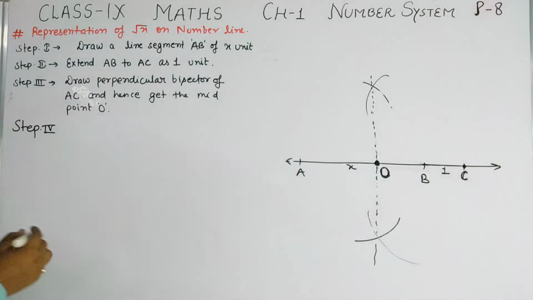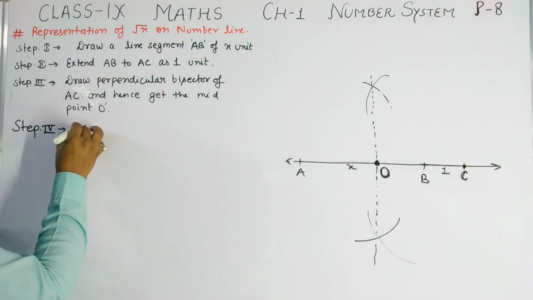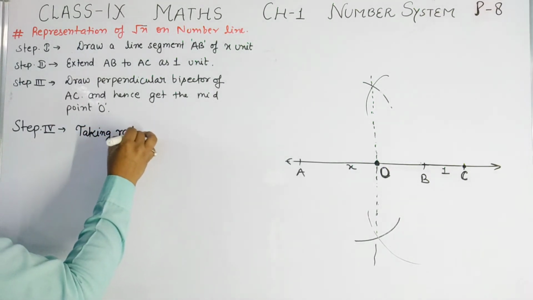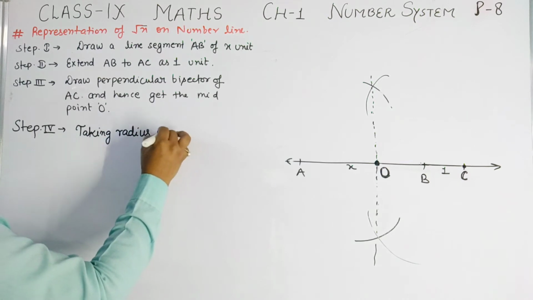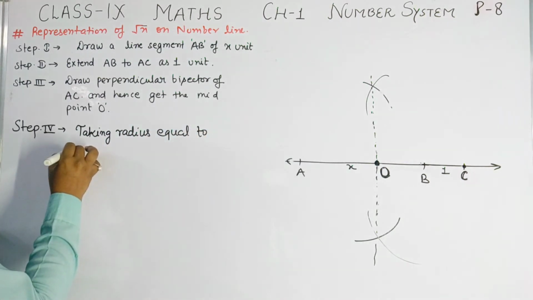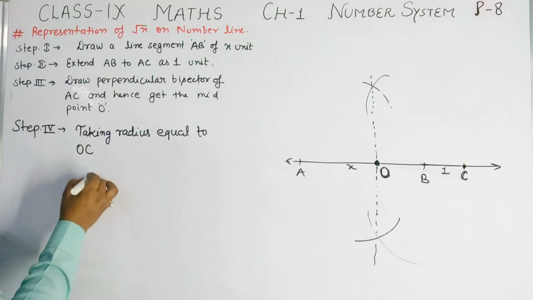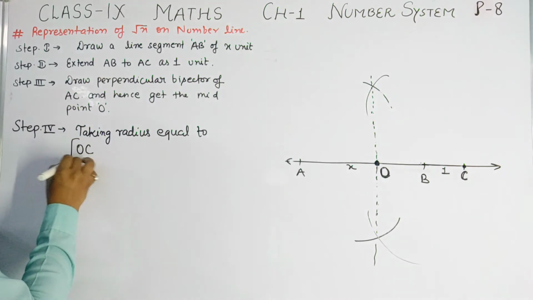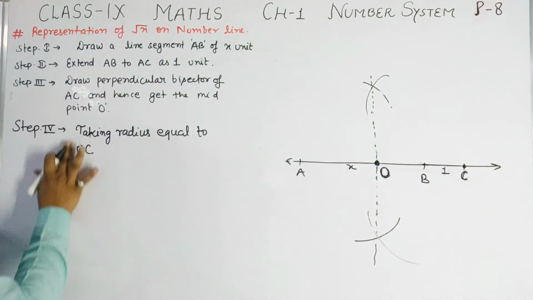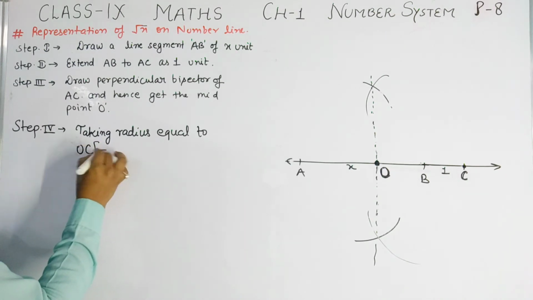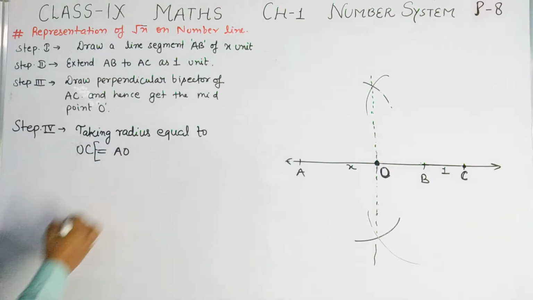So in step 4, I will write that, taking radius equal to OC, or in bracket you can write equal to AO, also you can take.